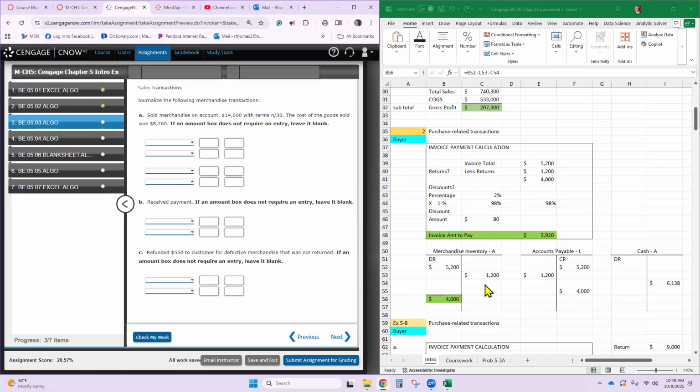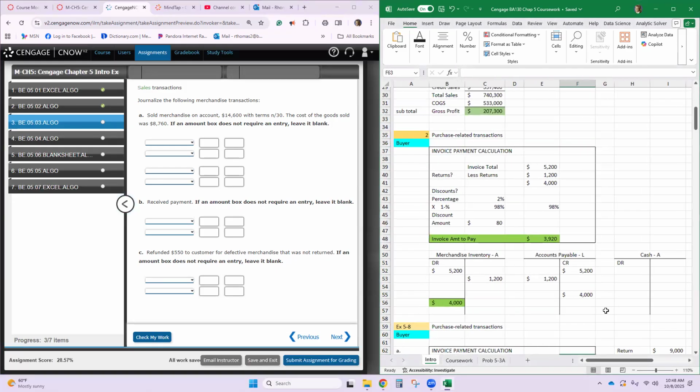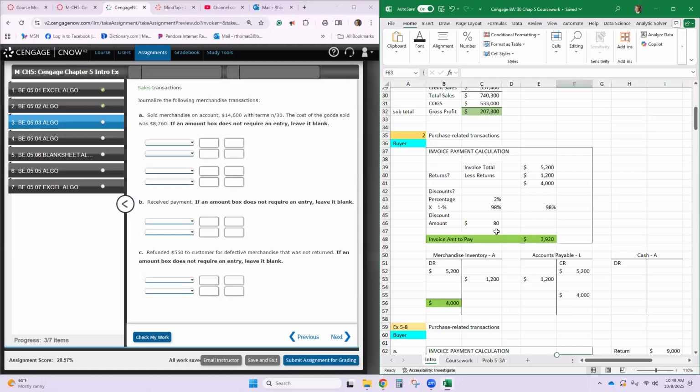So we bought the merchandise on account, we've returned it, and now we're down to paying cash. Okay, hang on just a minute, that's not the right amount. We have the accounts payable sitting there at $4,000. We calculated $80 is our discount amount, right?